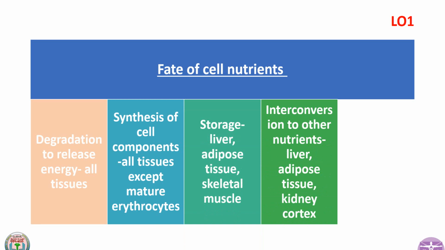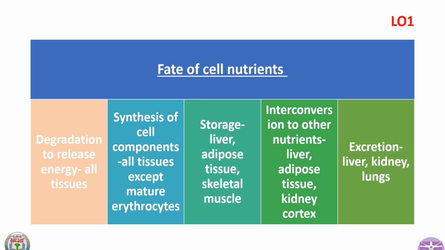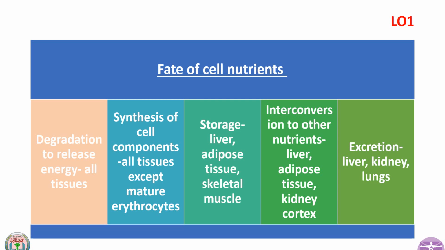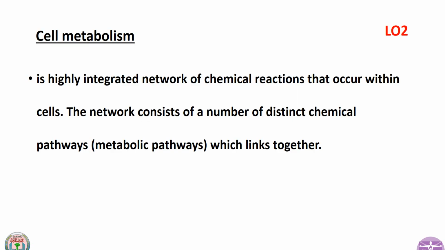Some cell nutrient may face interconversion into another nutrient, such as in the liver, adipose tissue, kidney, or the cortex. Or some of the nutrients may be excreted through the excretory organs, such as the liver, kidney, and the lung. So these are the fates of cell nutrient inside the body.